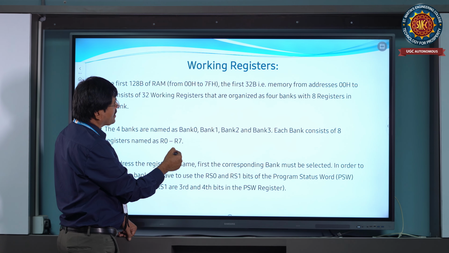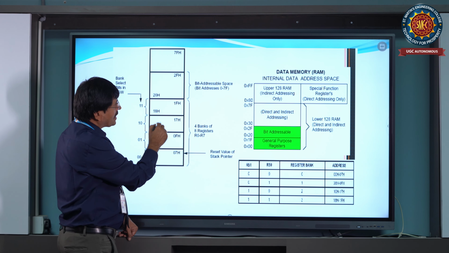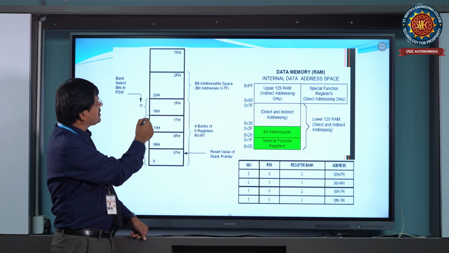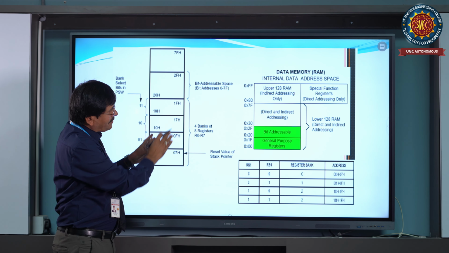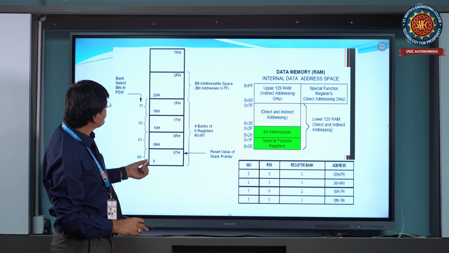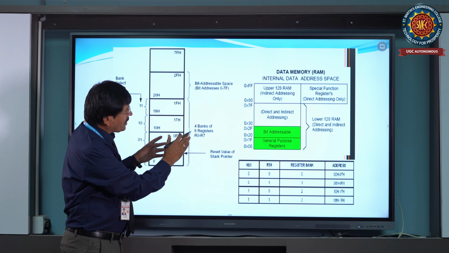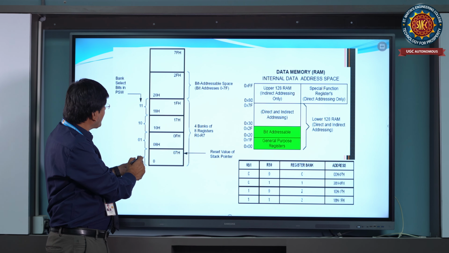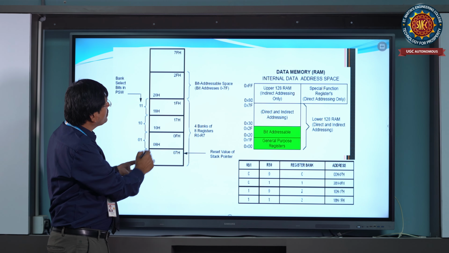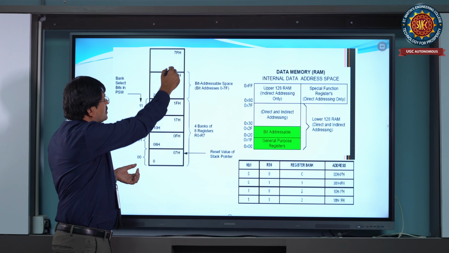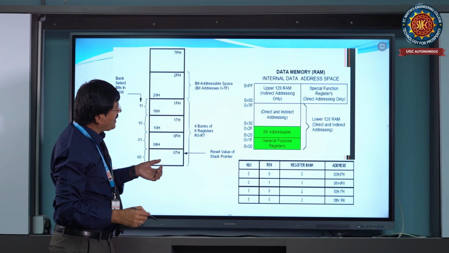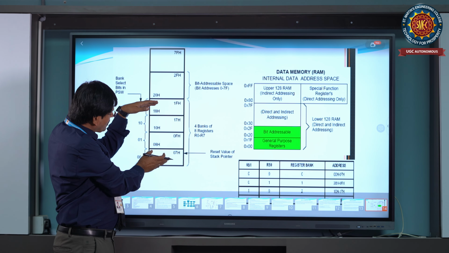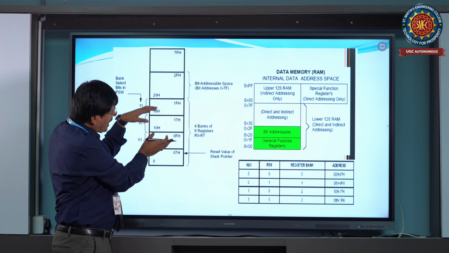These are all working registers. Look at this: the complete upper and lower RAM, their addresses, the internal memory organization of RAM. The RAM is divided into upper and lower. Here is the lower RAM, with bit-addressable addresses, and the first 32 bytes are occupied by the bank registers.